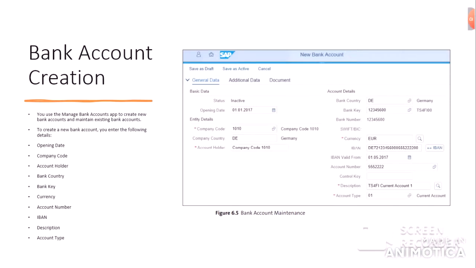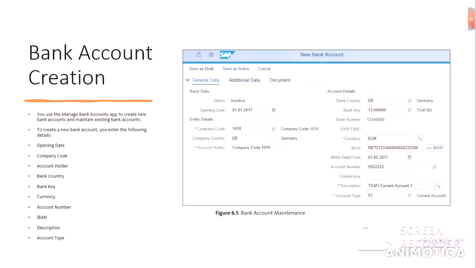We can see it as inactive, opening date, the company code and the country and the account holder, and account details will be like in which country, bank key and bank number, and we can give even SWIFT code and IBAN number, currency, IBAN valid from, account number, description, and account type. These are a few more details which we give while creating the bank account.